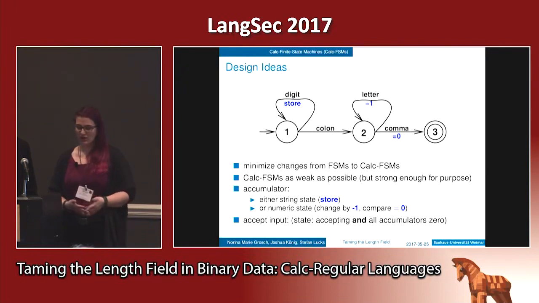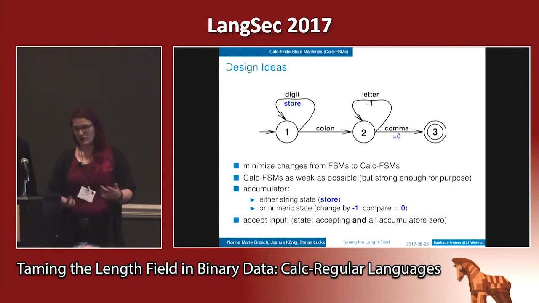At the beginning, it is in string state, where the store function can be called. And after it is evaluated, it changes to numeric state, where we can decrement it by 1, and afterwards compare whether it is 0 or not. So we can only accept an input if all accumulators of an FSM are 0 and we're in an accepting state, similar to FSMs.